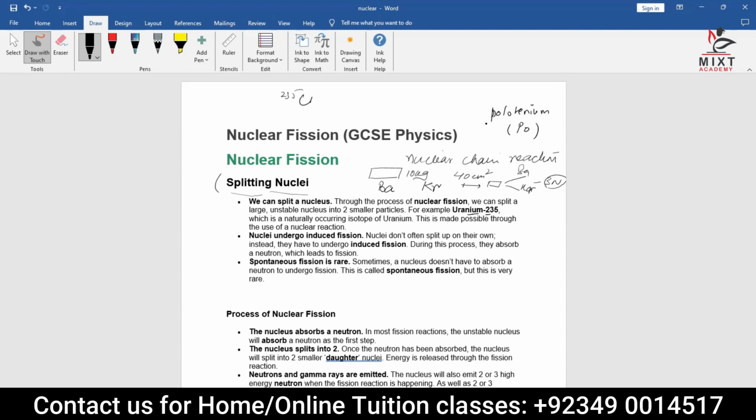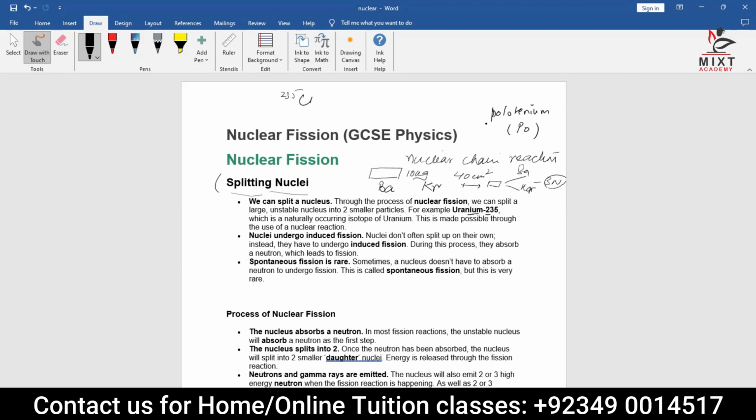For example, uranium 235, a naturally occurring isotope of uranium. This is made possible through the use of a nuclear reactor.